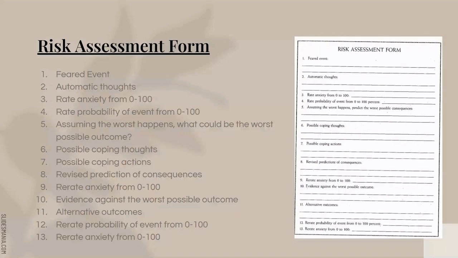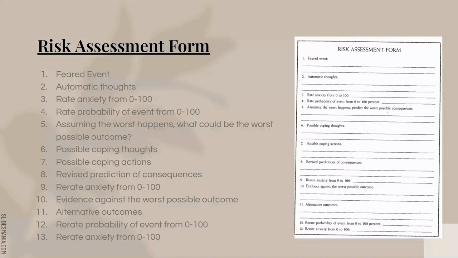It asks you, assuming the worst happens, what could be the worst possible outcome? Then it has you designate possible coping thoughts and actions. Then you revise the prediction of consequences and re-rate your anxiety on a scale from 0 to 100.